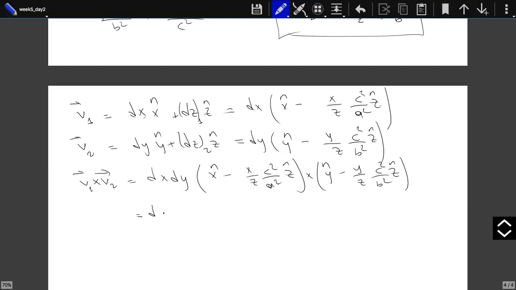Well, we can just calculate that vector product. Open up the parentheses. X hat cross y hat is z hat. Now, x hat cross z hat is minus y hat. There's another minus over there, so it will be plus y hat, y over z, c squared over b squared.